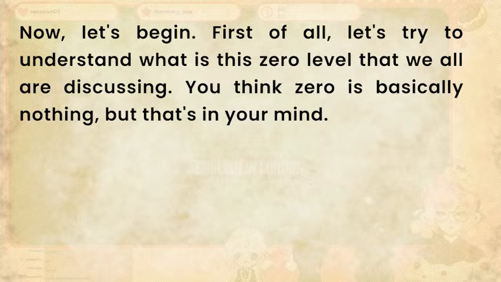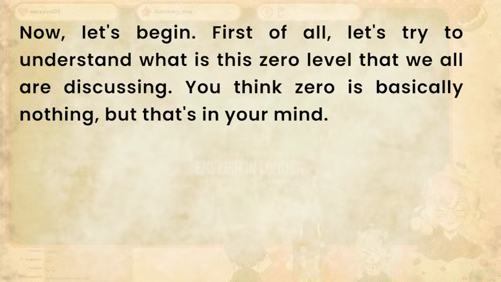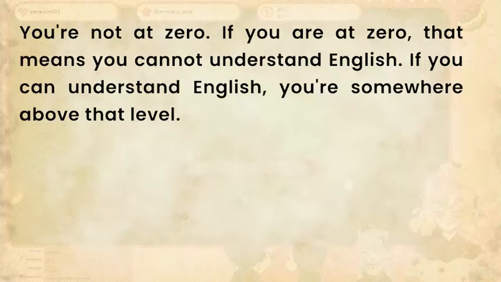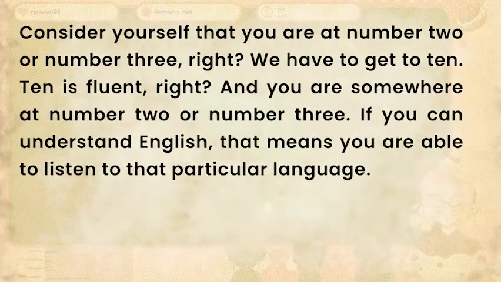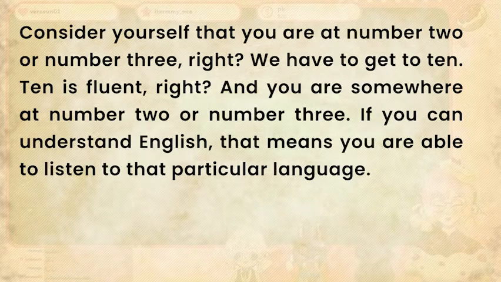First of all, let's try to understand what is this zero level that we all are discussing. You think zero is basically nothing, but that's in your mind. You're not at zero. If you are at zero, that means you cannot understand English. If you can understand English, you're somewhere above that level. Consider yourself that you are at number 2 or number 3, right? We have to get to 10.